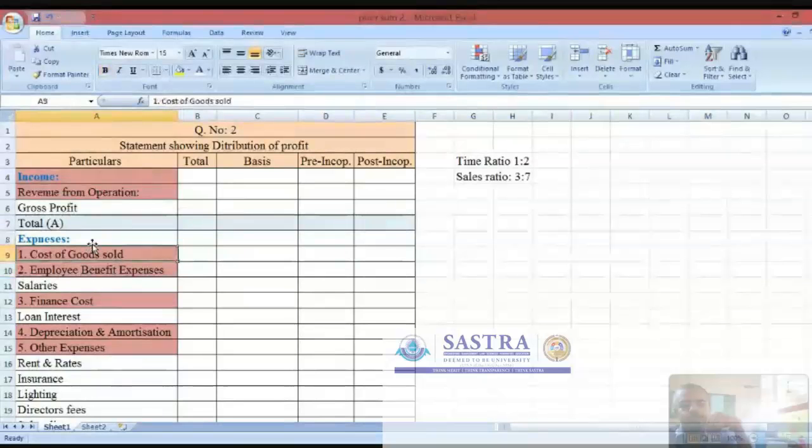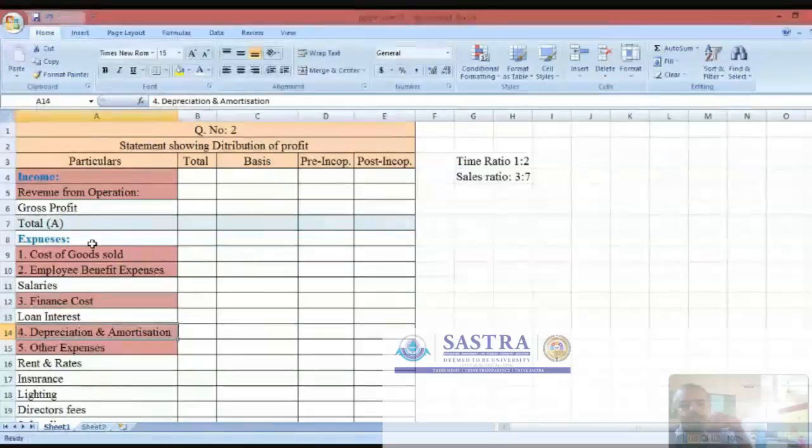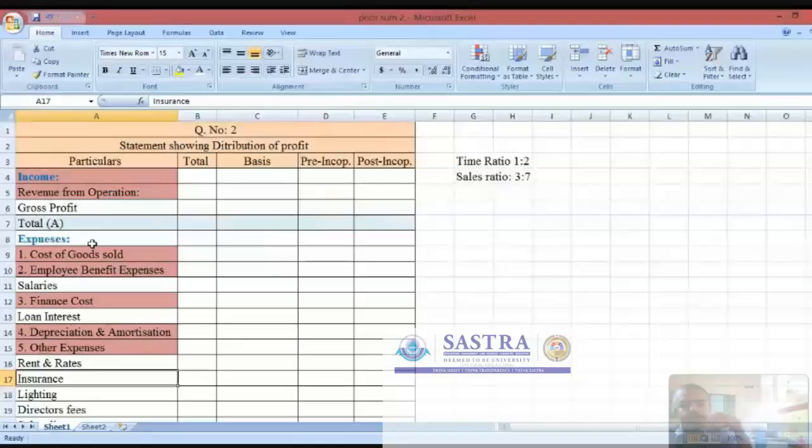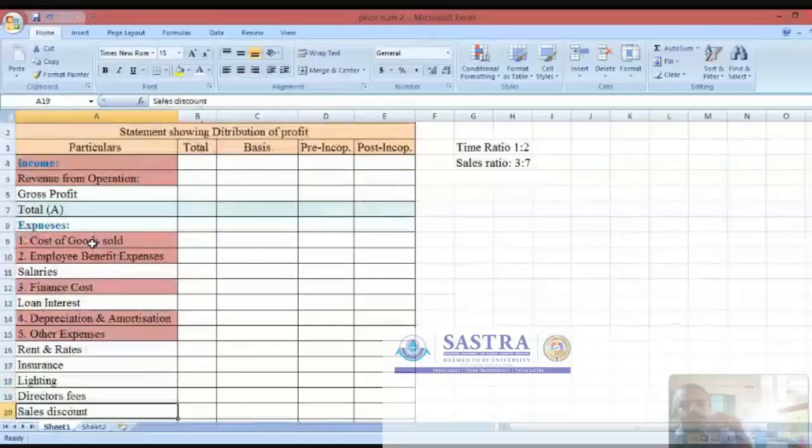Expenses are divided into five heads: cost of goods sold; employee benefit expenses, that is salaries, wages, bonus, or any other benefits paid; finance cost, interest on loan, interest on debentures; depreciation and amortization, such as preliminary expenses written off, if information is given; and other expenses like rent, insurance, lighting, office expenses, administrative expenses, selling and distribution expenses.